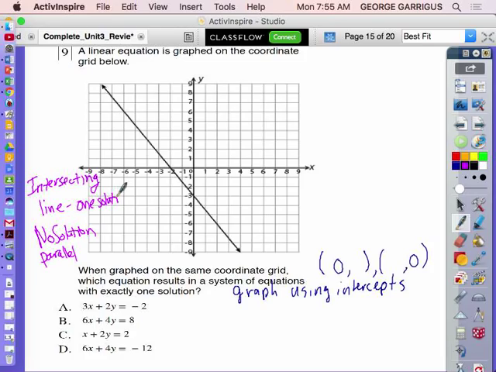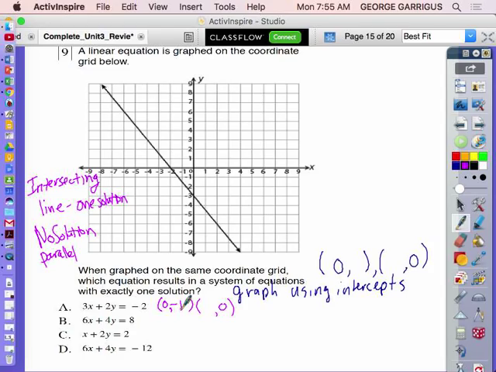Anything that has a different slope is going to intersect eventually. We could graph this quickly. We could use intercepts. Another method would be to manipulate the equations and look at their slopes. Let's take intercepts for a second. If we make x 0, we get y as negative 1.